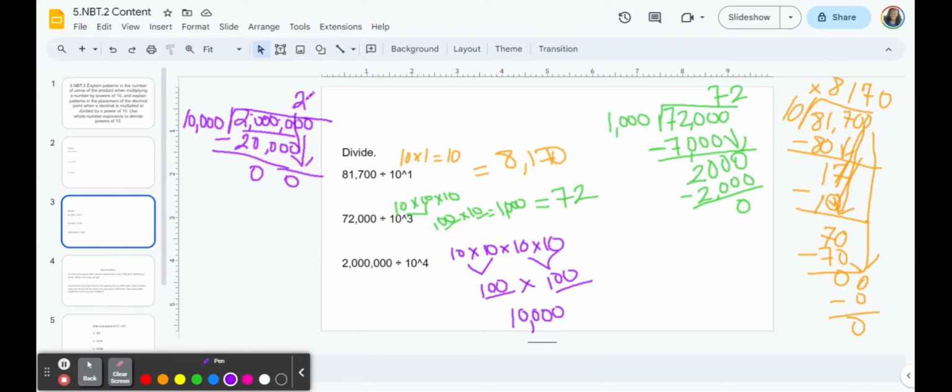How many times does 10,000 go into 0? None. So that's 0 minus 0. Uh-oh. Make that a 0. It's Halloween, so hey, look at it as a ghost. All right, so now drop that last 0. And we know that that's 0 again. And we find out that this answer is 200.